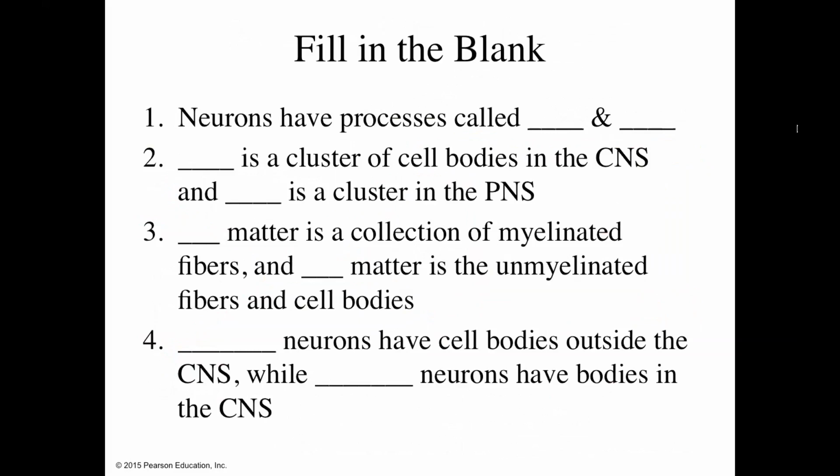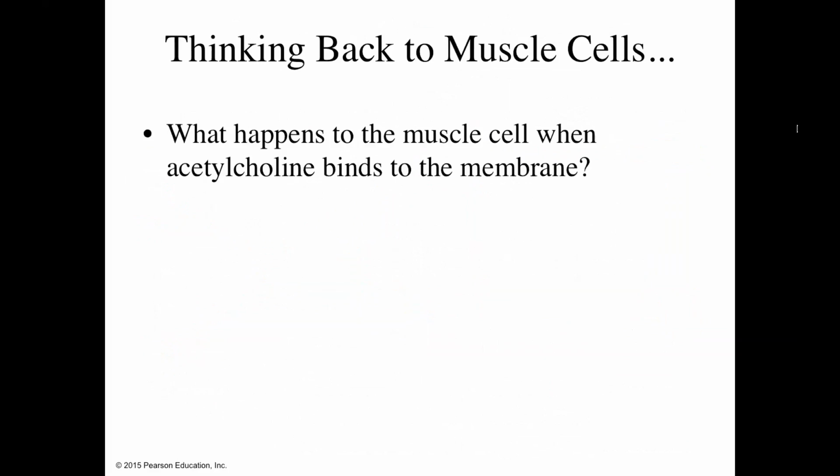Let's think back to muscle contraction. When we talked about muscle contraction, we talked about the effect a motor neuron can have on a muscle fiber, on a muscle cell, right? And that motor neuron was going to come from our spinal cord. It was going to release acetylcholine, and acetylcholine was going to bind to that sarcolemma.